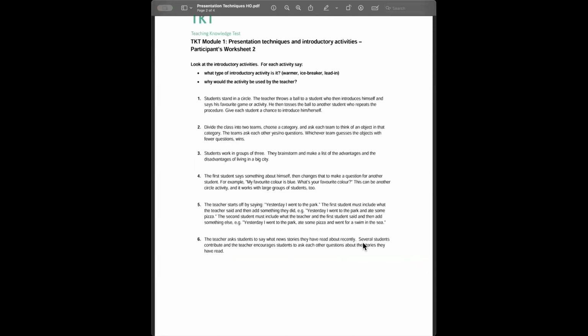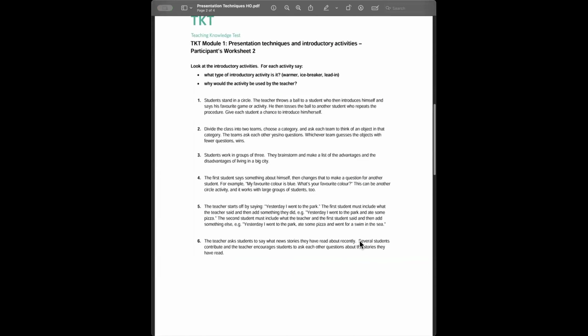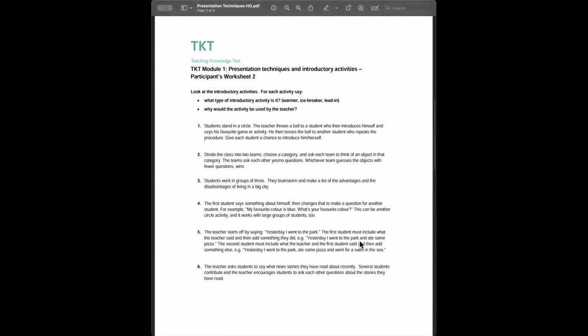The purposes? Well, for the students to get encouraged to start getting knowledge about the topic that the teacher wants to share, and also for the students to get to know each other, right?